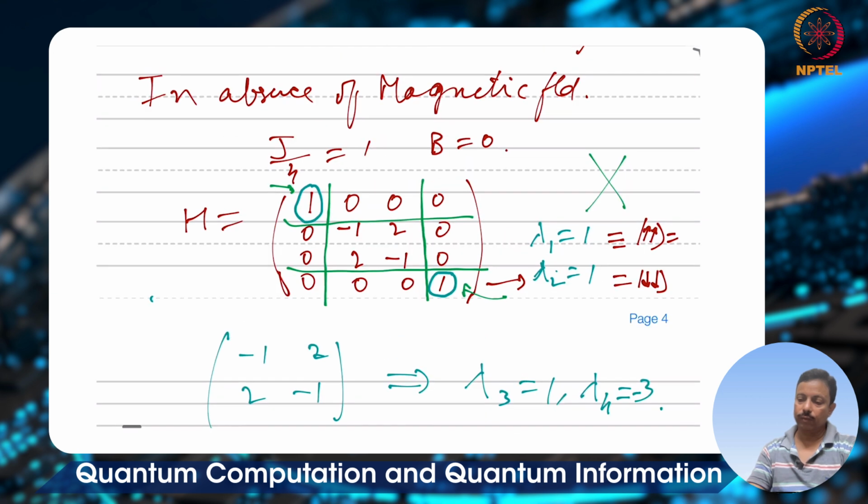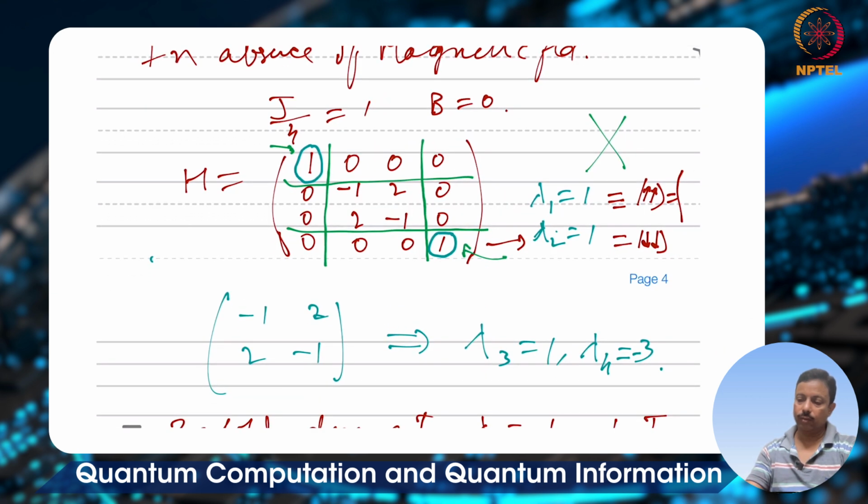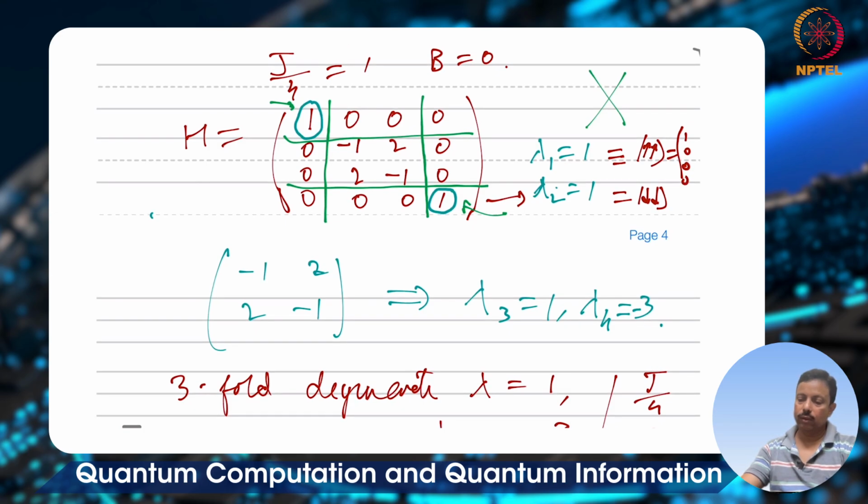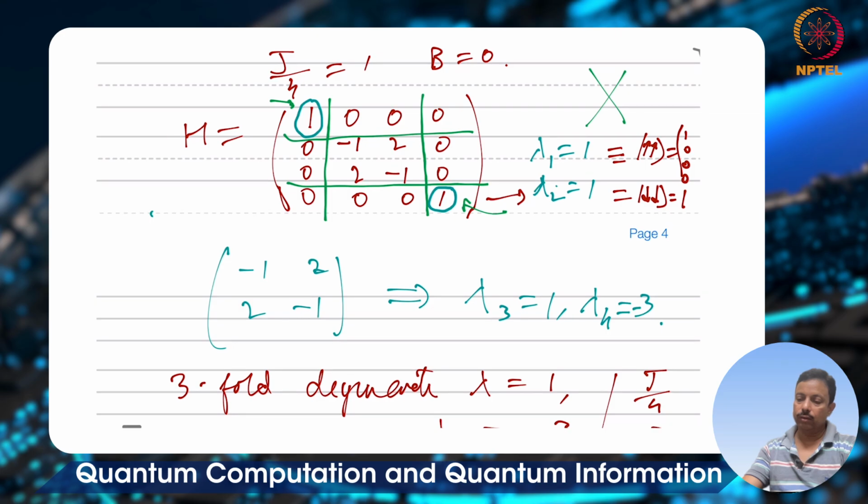Up is the column vector 1 0 0 0, and down is the opposite, 0 0 0 1.